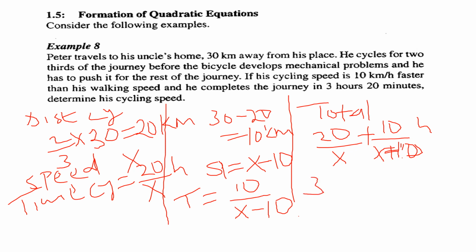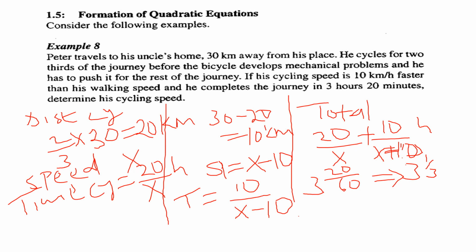So the time he used to walk is going to be the distance, which is 10 kilometers, divided by the speed, which is x minus 10.